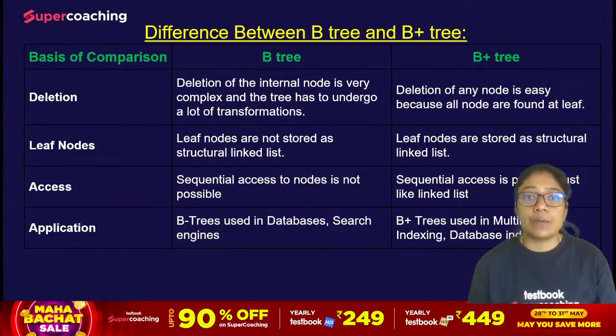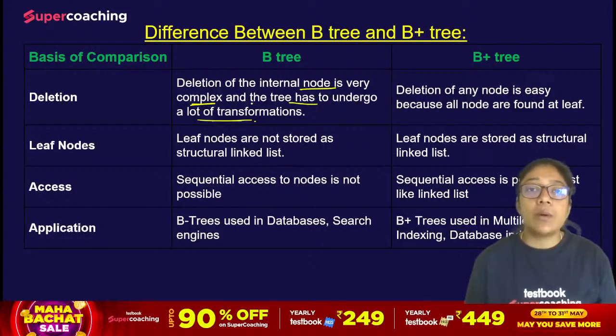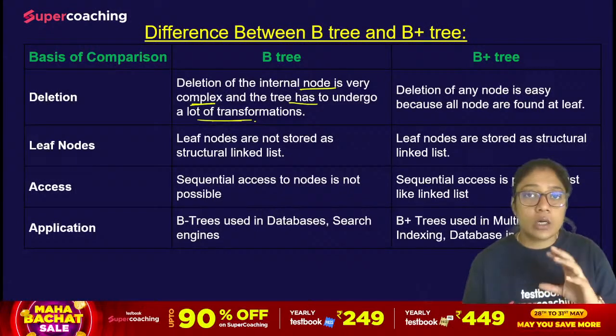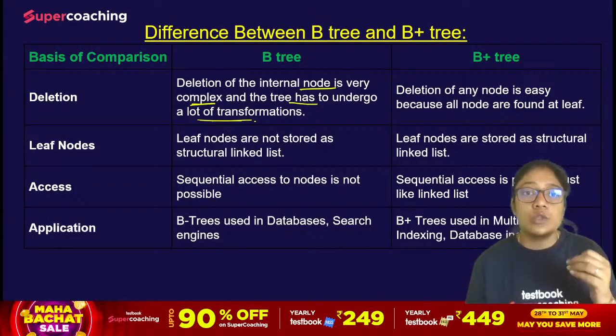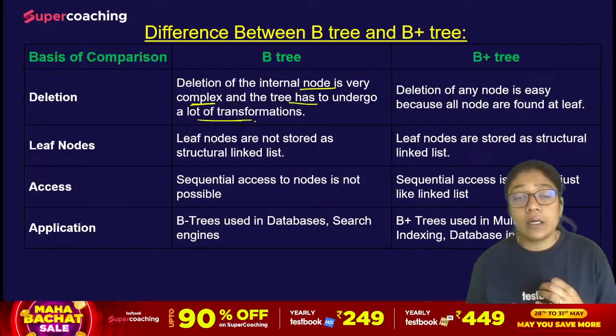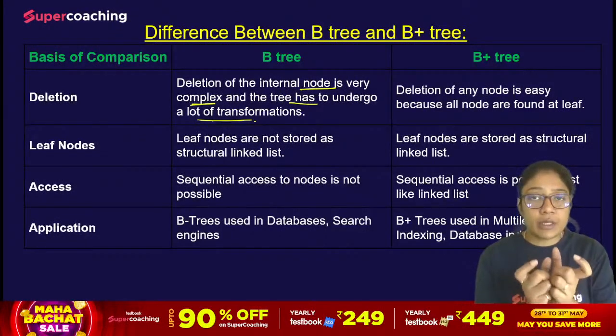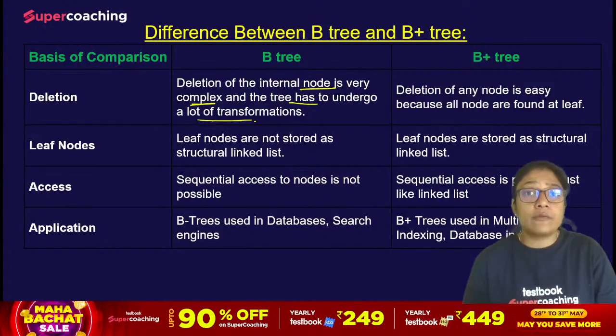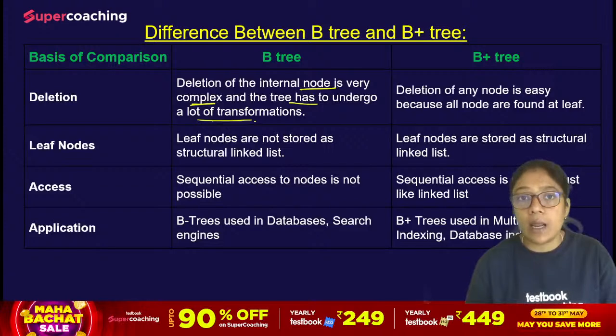Next difference, deletion. Deletion of the internal node is very complex and the tree has to undergo a lot of transformations. क्योंकि जब हम किसी भी key को insert करते हैं तो we look for the case of overflow. अगर overflow हो रहा है then we go for the node splitting, and if it's a case of underflow, means अगर minimum number of keys से नीचे keys आती है, then we call that case the underflow, as we have already defined that in the dynamic multi-level indexing in B tree and B plus tree, at least 50% occupancy should be there.